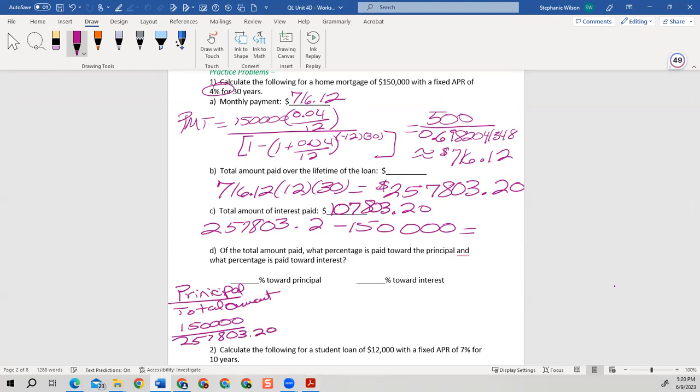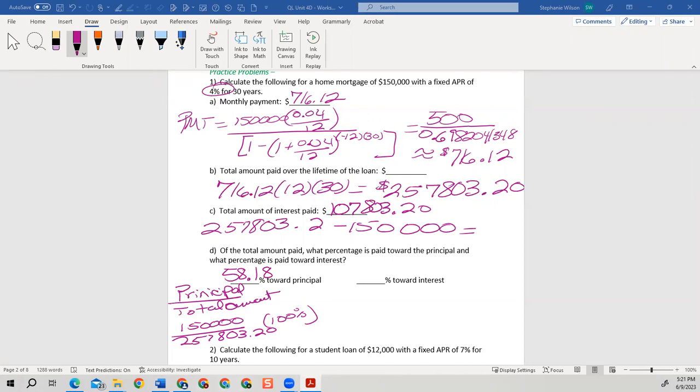And then when we're done, we'll multiply it by 100%. And after we do this, we get, rounding to the nearest hundredth, 58.18. Now, if you wanted to take the 58.18 and subtract it from 100, you would get the difference, which is the interest.